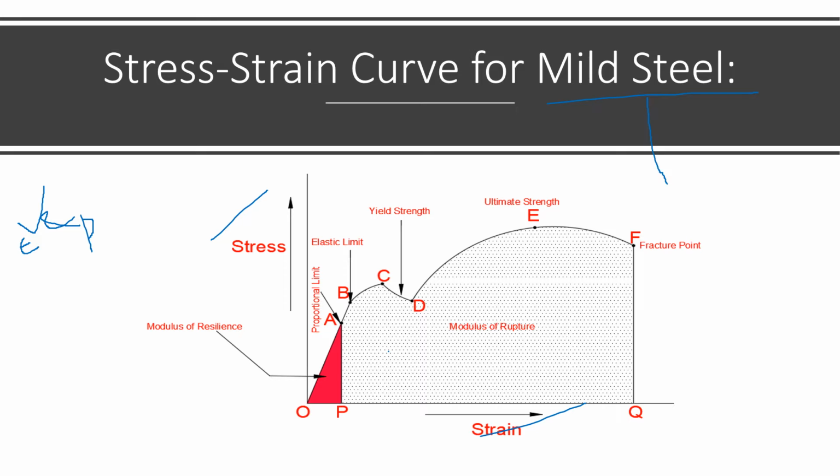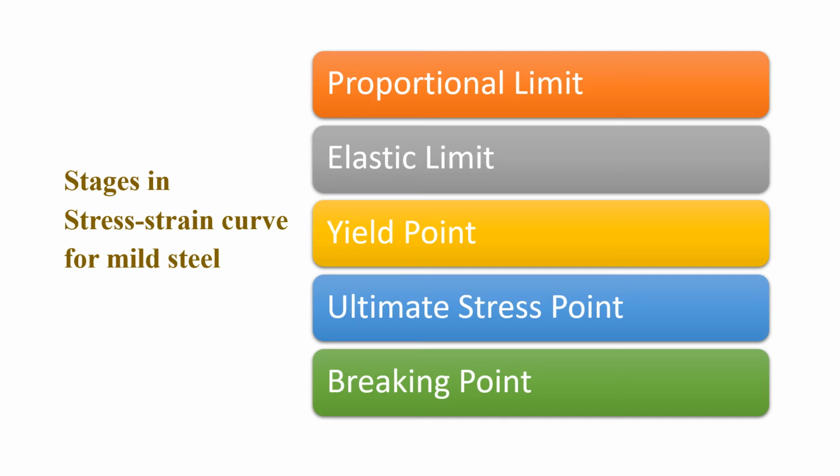Different materials have different curves, but usually all the ductile materials follow a similar pattern. Here is the list of stages when a ductile material is subjected to force: the first one is the proportionality limit, the second one is the elastic limit, and then the yield point, ultimate stress point and breaking point.